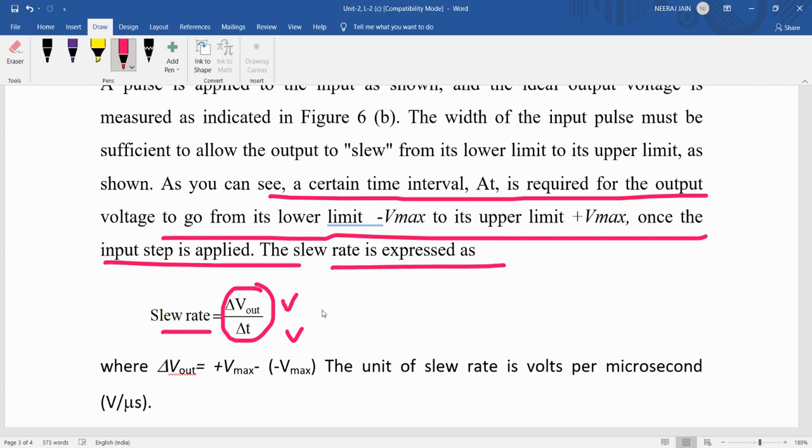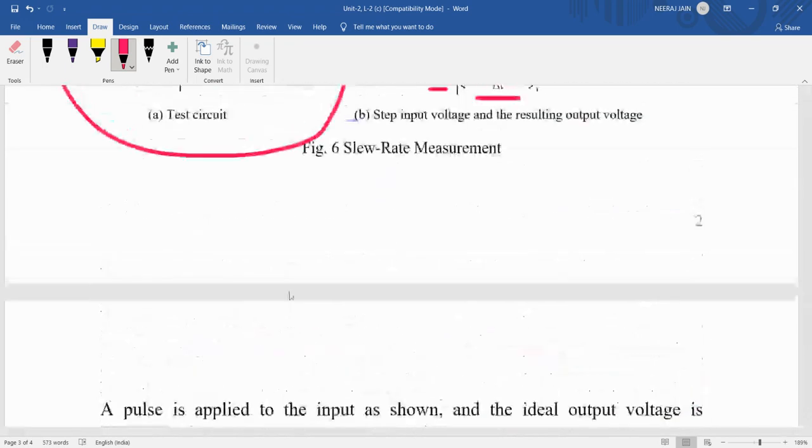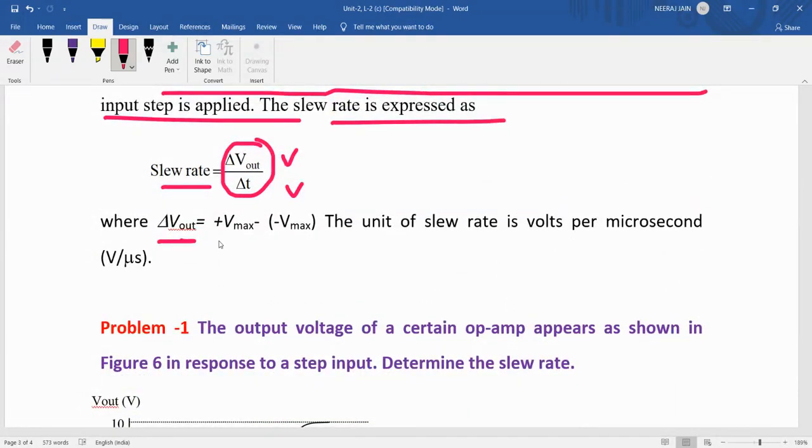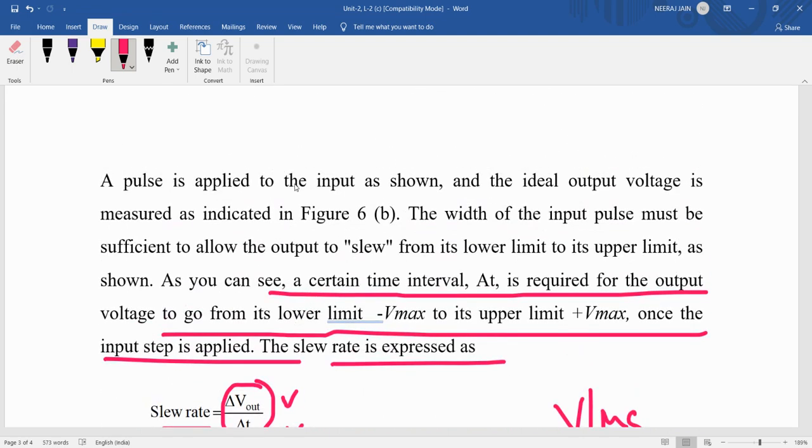Slew rate is expressed as delta V out over delta t, where delta V out is the difference between the maximum and minimum values. The unit of slew rate is volt per microsecond. So slew rate physically indicates how the output signal can change according to the input.